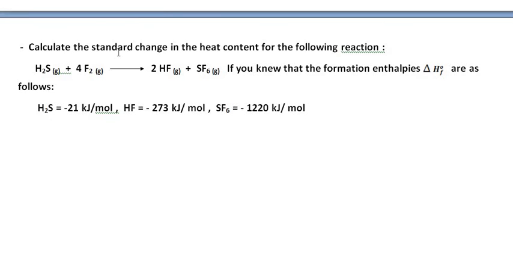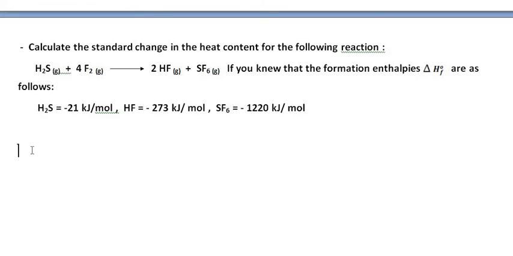This is an example. If you have this equation, and you know the heats of formation of the substances: H2S, hydrogen sulfide, this is the heat of formation of hydrogen fluoride, this is the heat of formation of sulfur hexafluoride, this compound is called sulfur hexafluoride, and this is fluorine gas.